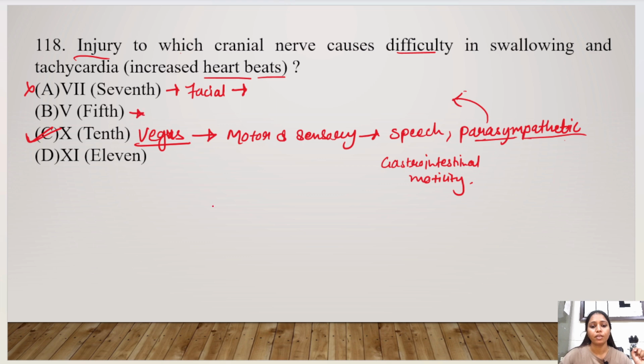And if we talk about the 5th cranial nerve, the trigeminal nerve, it is mainly involved in facial sensation and mastication, not in swallowing or heartbeat. And the 11th cranial nerve, known as the accessory nerve, is involved in head and shoulder movement, not in swallowing or heartbeat.